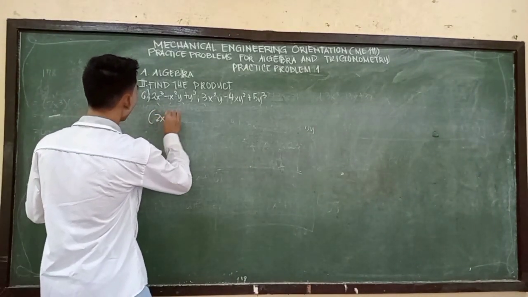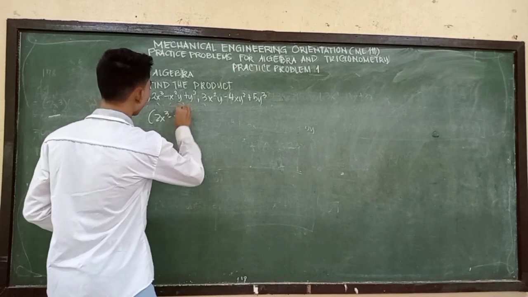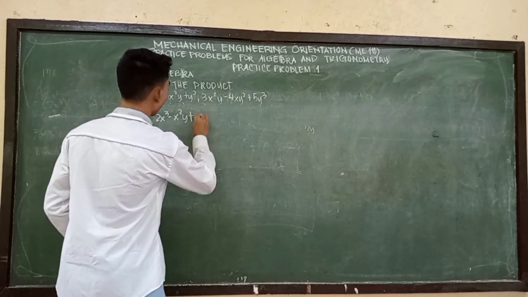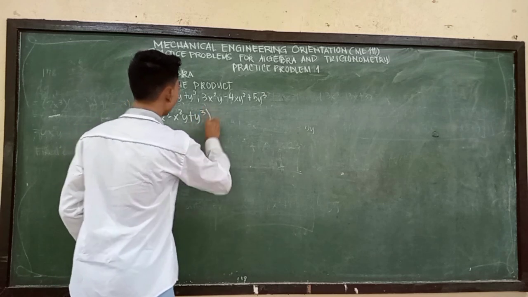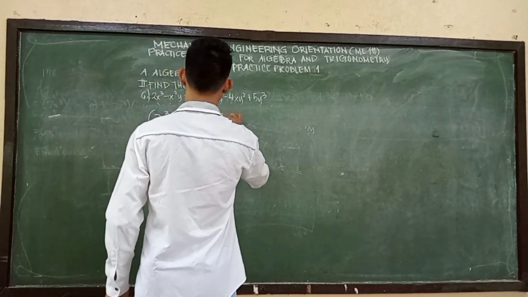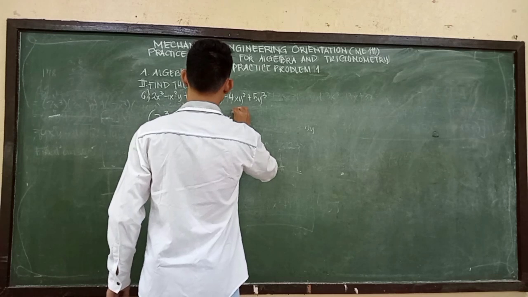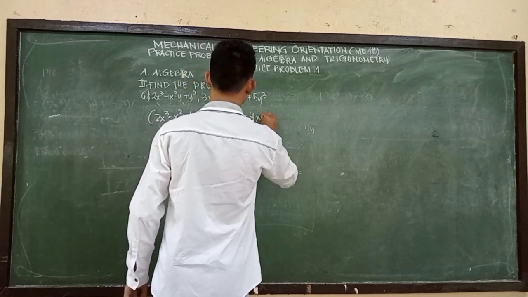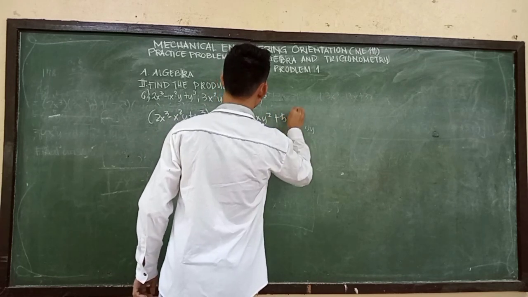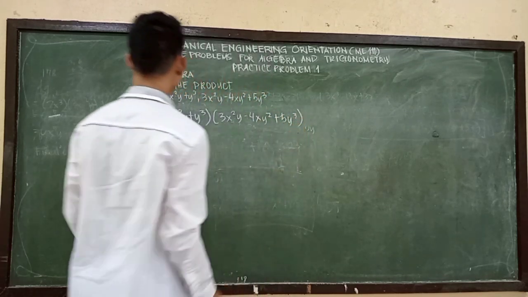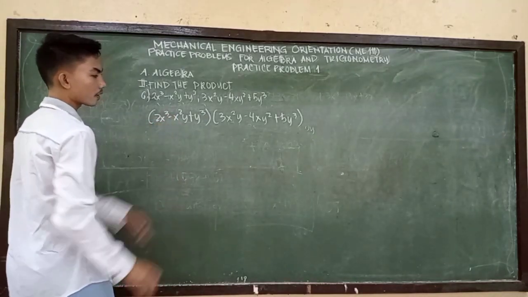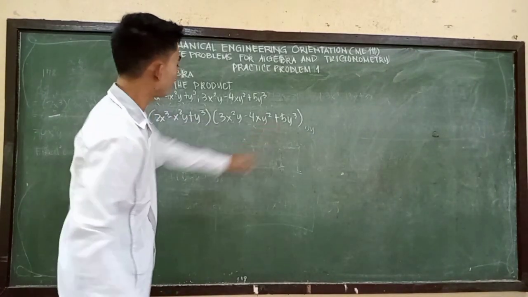We have 2x cubed minus x squared y plus y cubed times 3x squared y minus 4xy squared plus 5y cubed. The first thing we have to do is distribute 2x cubed with each term in this equation.